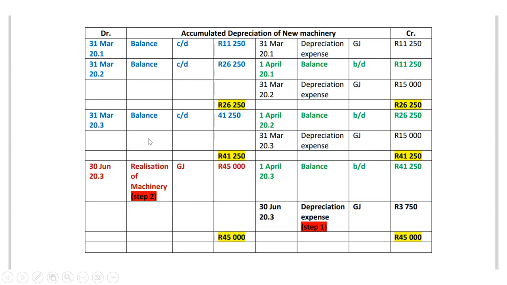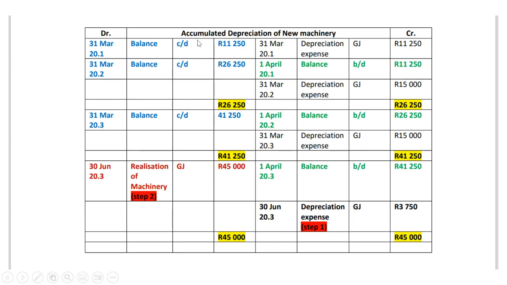Then we said the balance carried down on the debit side of the previous year becomes the opening balance of the current financial period. At the beginning of year 4, our opening balance here on 1 April that has been brought down is how much? It's 41,250. Then in year 4, we calculated a new depreciation up to the date of disposal.